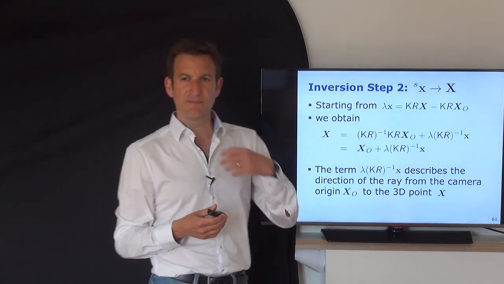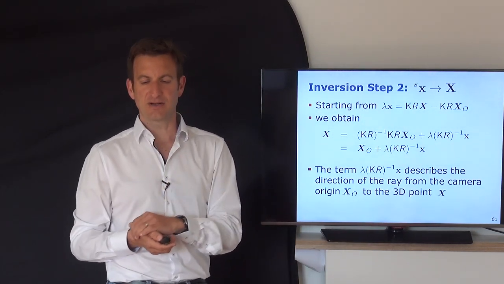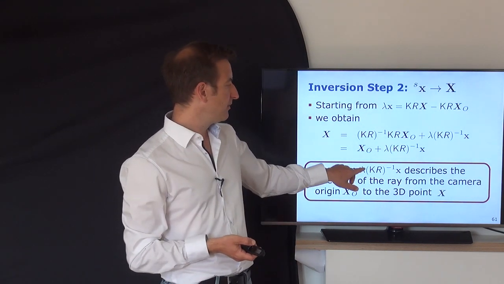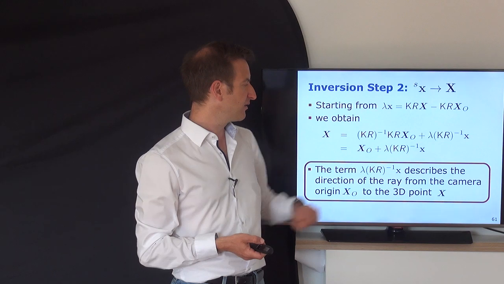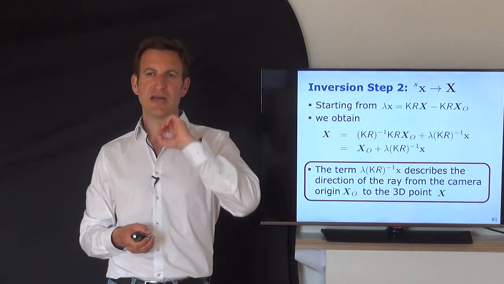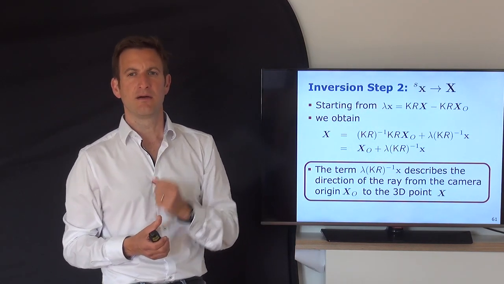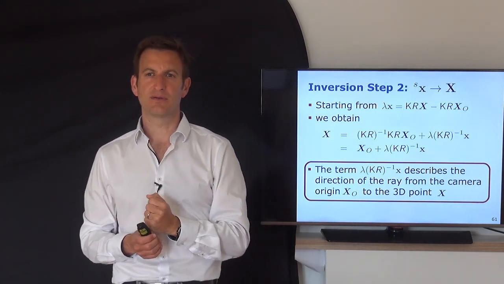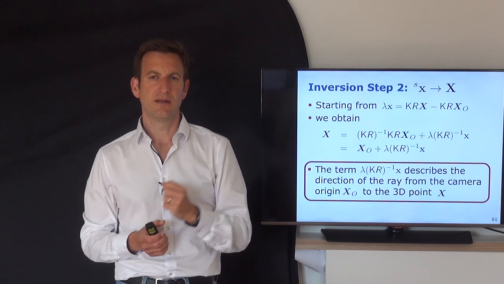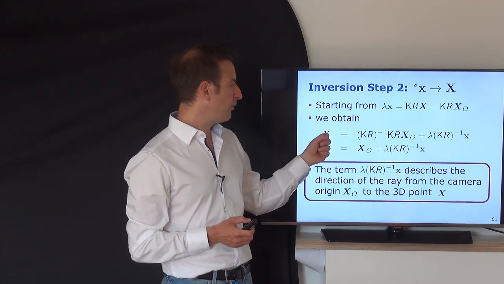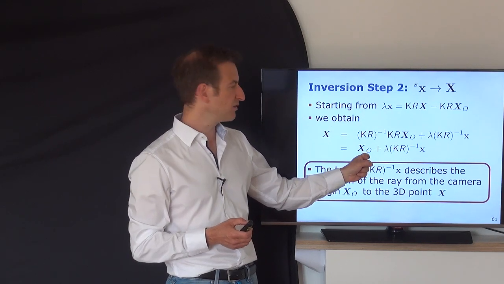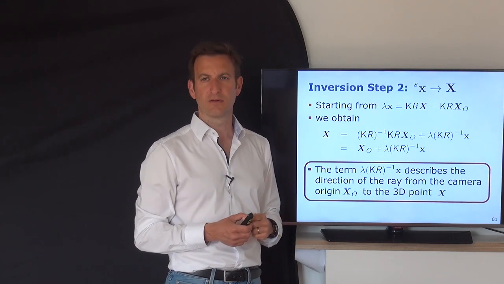And so now we can actually interpret what that means. And this is a super important thing in here. The term (KR) inverse times x describes the direction of the ray from the camera origin X0 to the point X in the 3D world. Okay? So it says the point must lie on a ray starting from the projection center into the world.